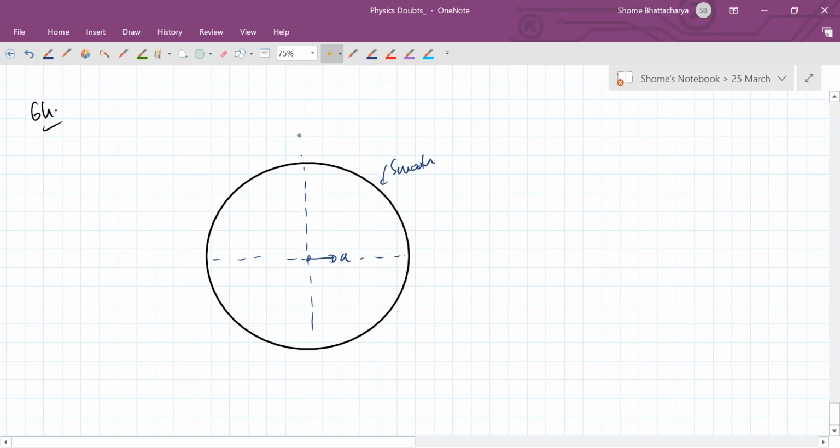And with respect to the sphere, a particle is released from rest over here. So this is the situation at t equal to 0, and we are in the frame of this sphere, so we are in this non-inertial frame. On this particle, the forces which start acting are pseudo force, weight, and normal reaction.